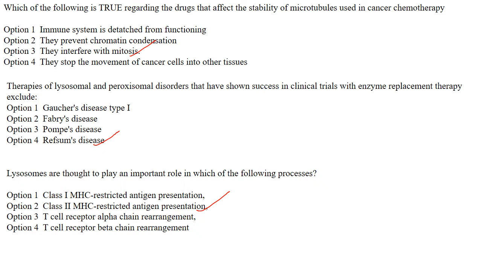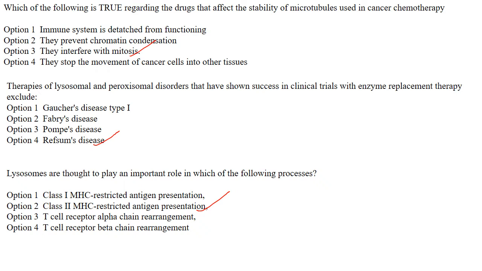So therapies of lysosomal and peroxisomal disorders that have shown success in clinical trials with enzyme replacement therapy exclude Refsum's disease.